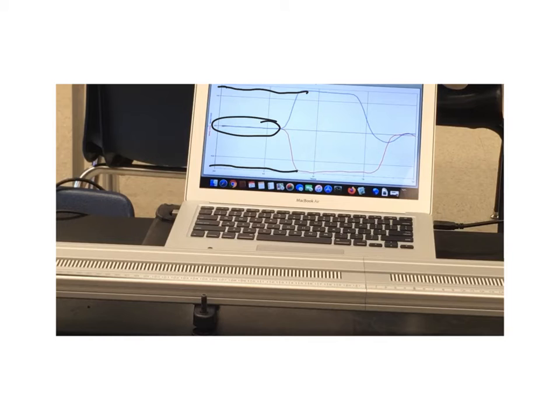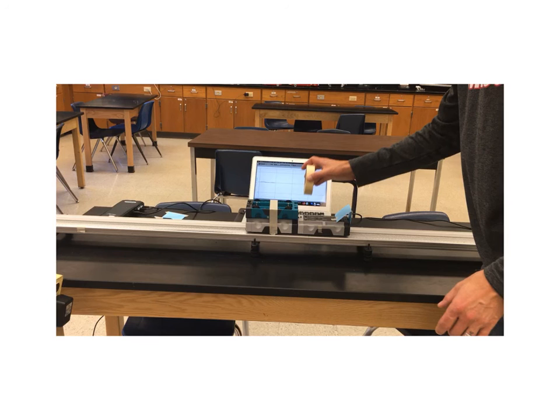Okay, now in all of these situations, we've just used the same two carts, but what happens if we increase the mass of one of the carts? A couple groups looked at changing the mass and what effect that had. So let's take a look at that.